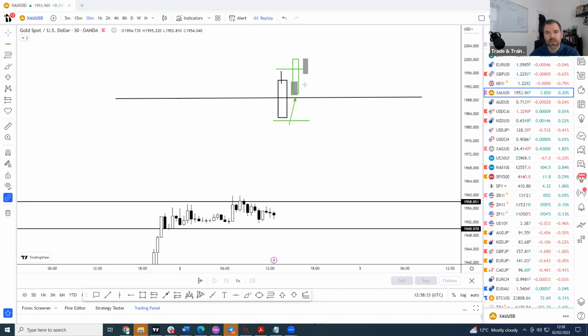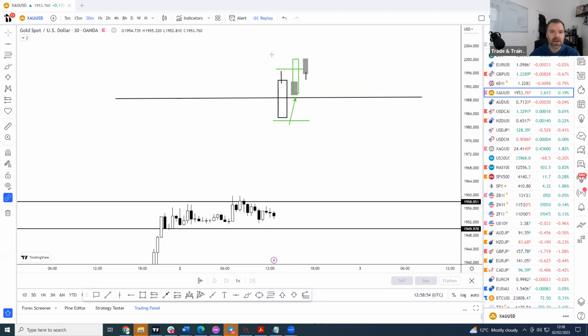So give you an insight. Let's say it closes like that. I would then close half of my position. So I lose a bit of money, but we've still got a higher high and a higher low.